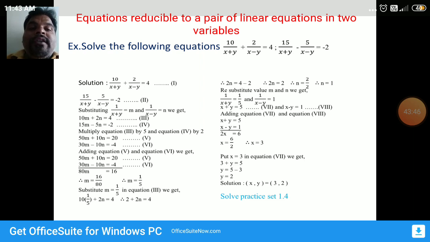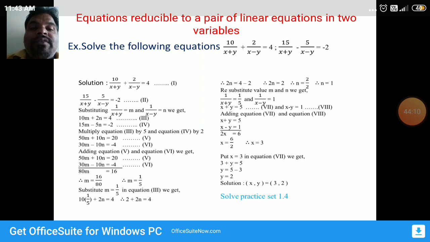Then we get the first equation 10m plus 2n is equal to 4, and the next equation is 15m minus 5n is equal to minus 2. Now equation number 3 and equation number 4 are a pair of linear equations in two variables.